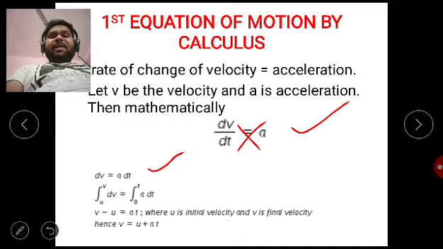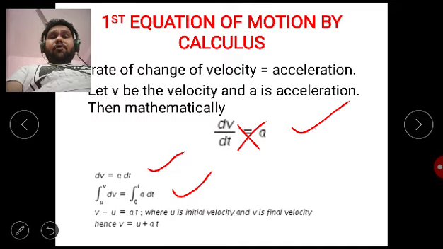We will integrate the left hand side with limits u to v and the right hand side with limits 0 to t. u is the initial velocity at time t is equal to 0 and v is the final velocity at time t is equal to t. We have already covered the concept of integration during our lectures on mathematical tools.